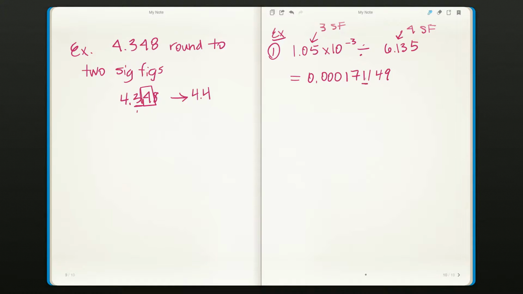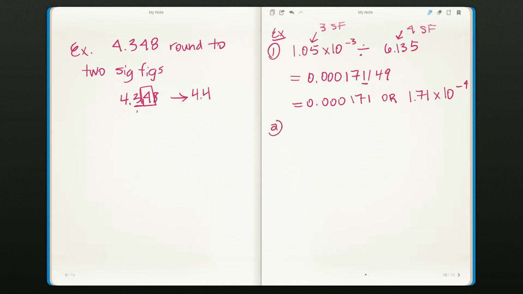So I'm going to mark this 1 here because these leading zeros don't count. Remember your rules. So our answer would be 0.000171, or you can write it in scientific notation as 1.71 times 10 to the negative 4.